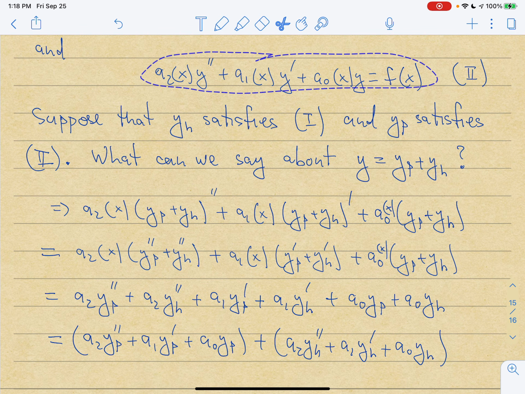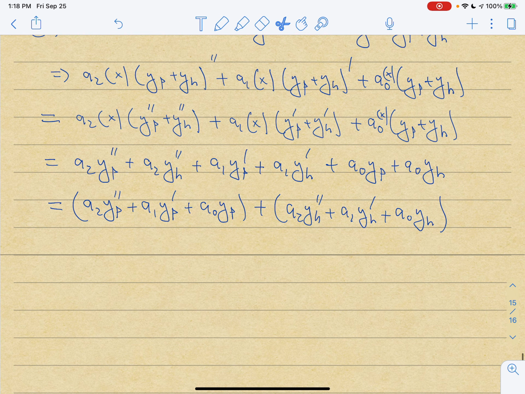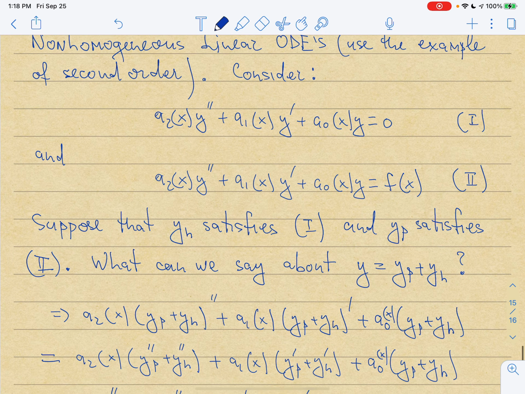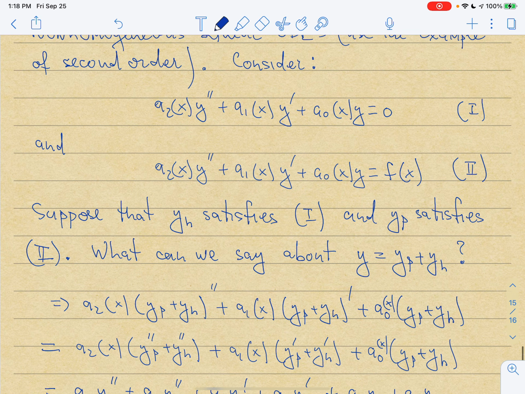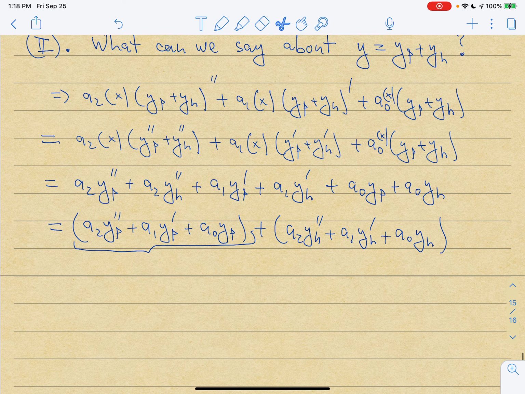But plugging yp into equation 2 is precisely the same thing as what I'm computing here, because it's a2 yp double prime plus a1 yp prime plus a0 yp. So this parenthesis is equal to f of x.